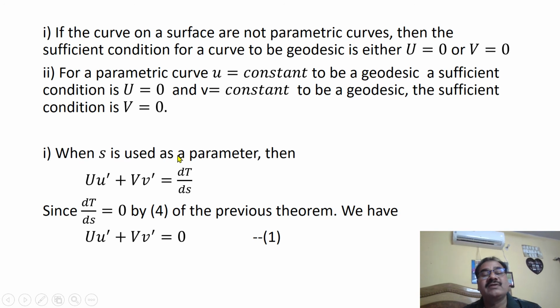When small s is used as a parameter, then capital U u dash plus capital V v dash is equal to dT by ds. Since dT by ds is 0 by equation 4 of the previous theorem, we have U u dash plus V v dash is equal to 0.